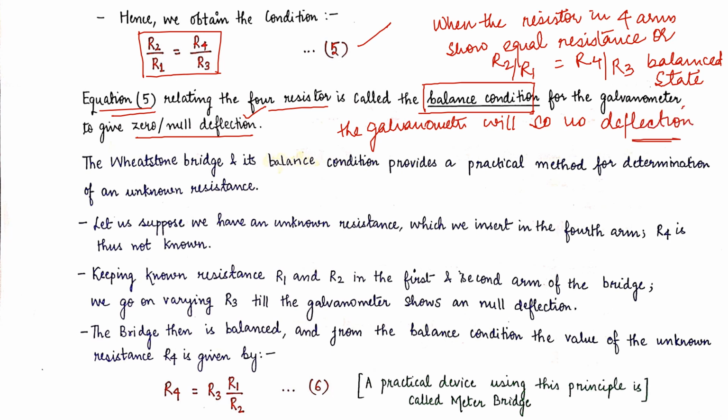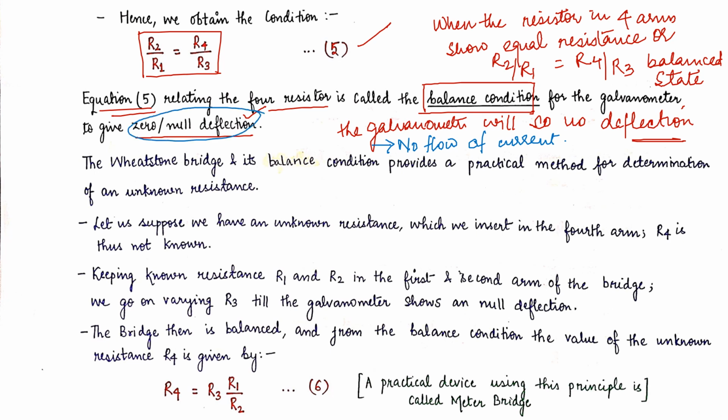When a galvanometer shows no deflection, that implies there is no flow of current through the galvanometer. That is zero or null deflection.